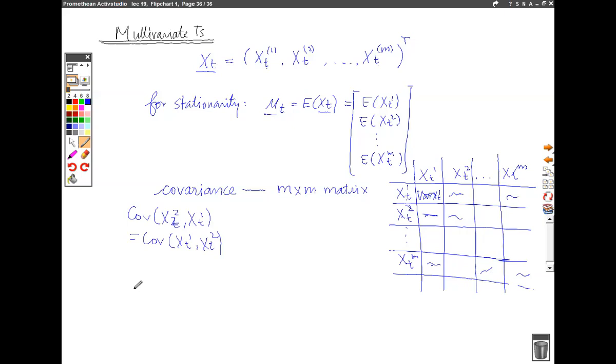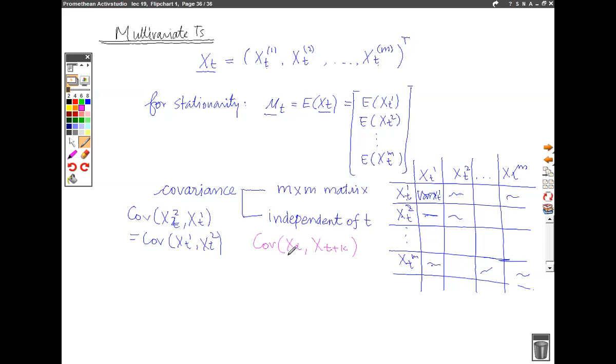So these kinds of matrices will always be symmetric, and all you have to worry about next is that it should also be independent of t for it to be a stationary process. So these have to be independent of t as well. And remember, if I'm writing this covariance, I will write the covariance of xt comma xt plus k.